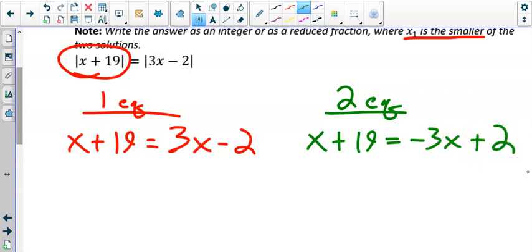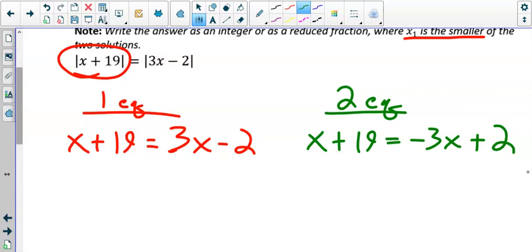When you make the second equation, drop the absolute value again, but make the other side the opposites. So a positive 3x became a negative 3x. A negative 2 became a positive 2. Okay? That's how we make these two equations.